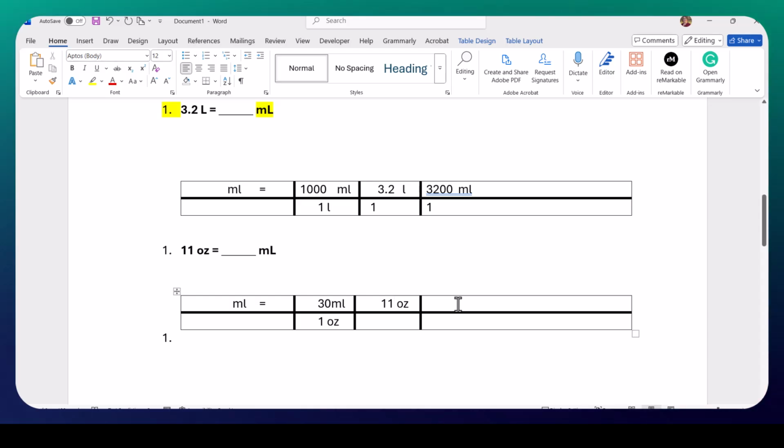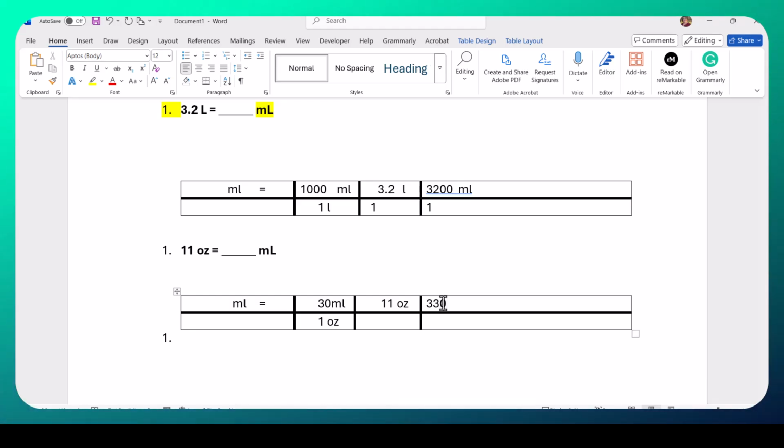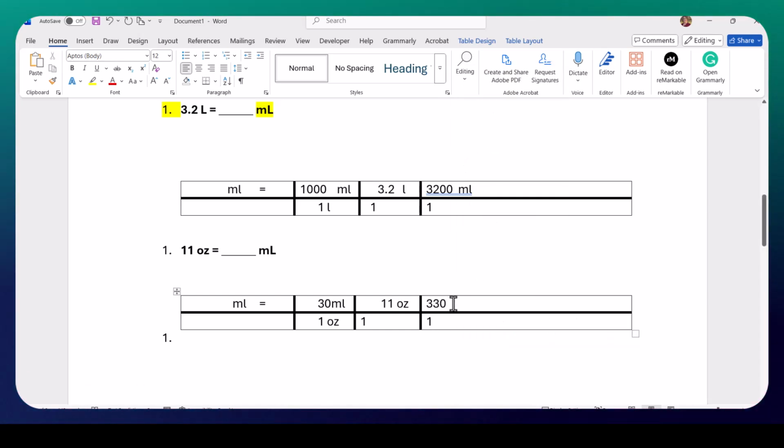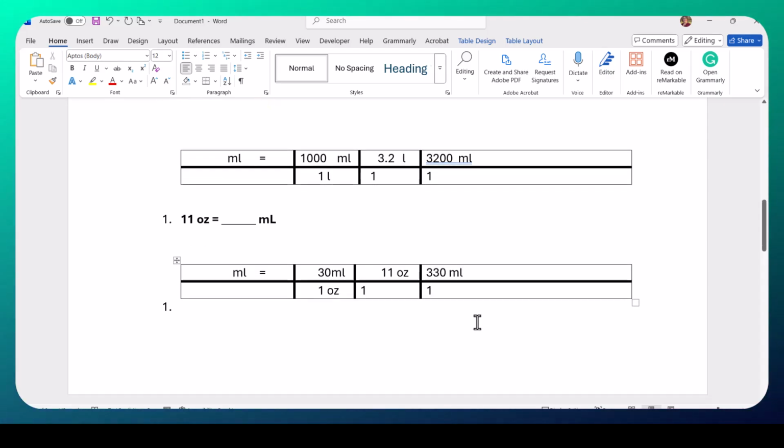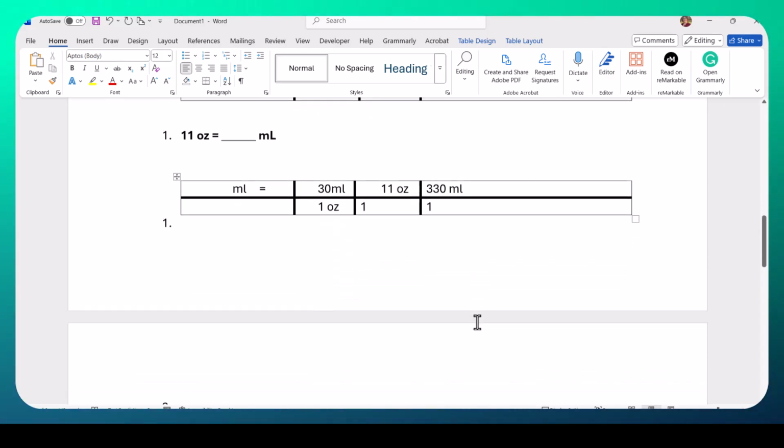All right, let's do our math on this one. 30 times 11 is 330. 1 times 1 is 1. 330 divided by 1 is 330. 330 what? We had decided that we were down to milliliters, which is what was requested. We have now answered the problem correctly, and you set it up correctly, and you showed your work correctly.